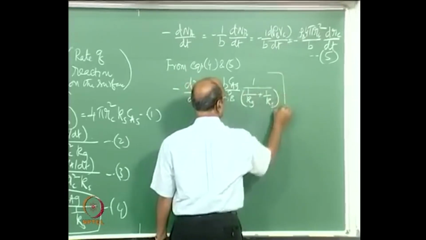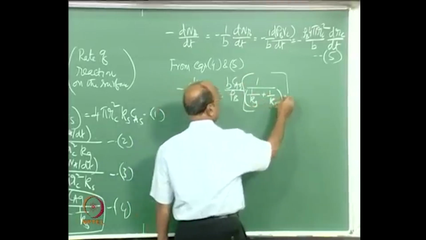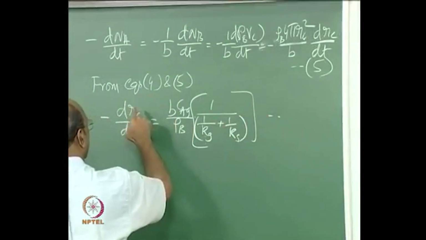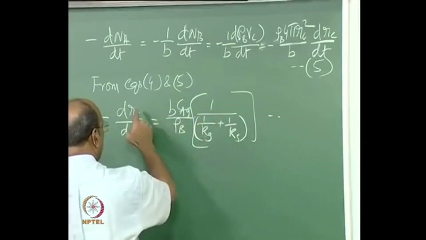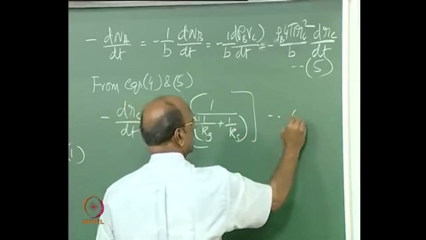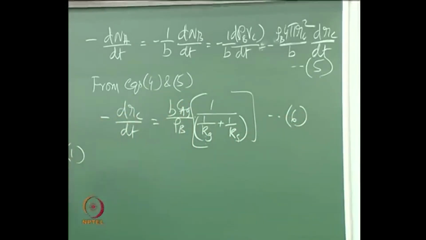So, this is the equation which I am supposed to integrate to get the relationship between conversion and time, or shrinking core and then time. This is equation number 6.